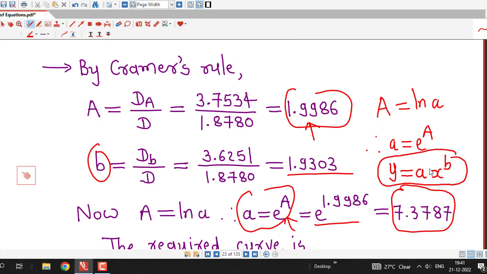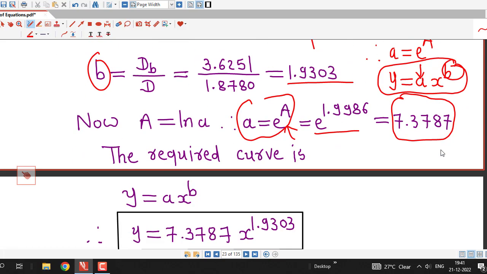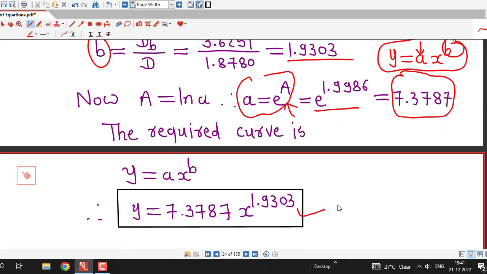We are interested in values of small a and small b, so that we substitute here, and we find that this is the required curve for the given data.